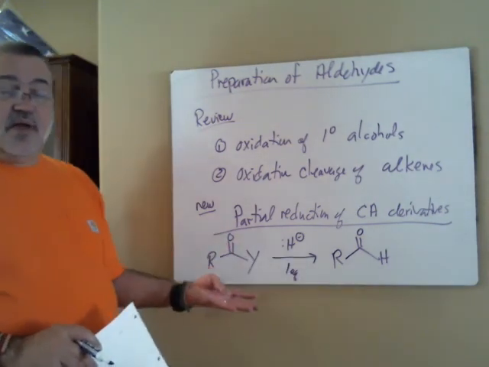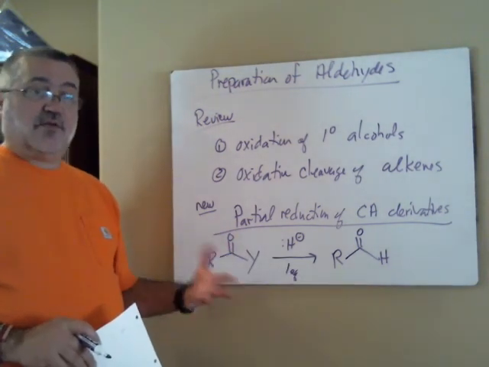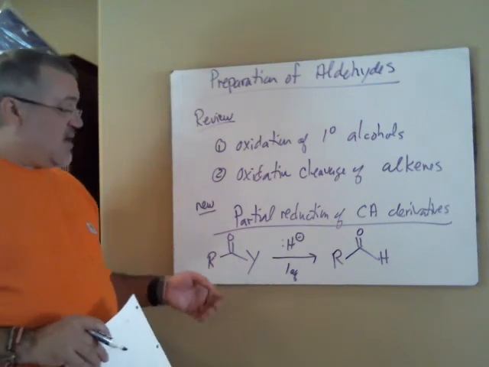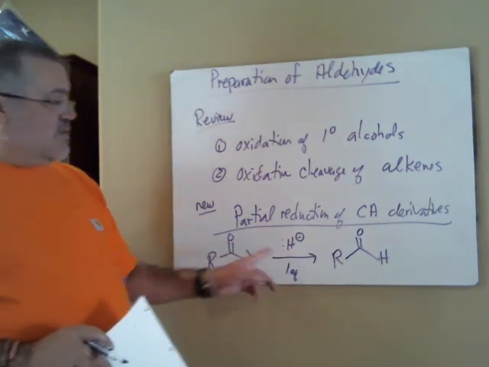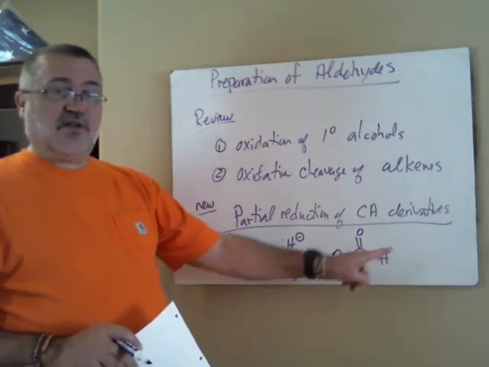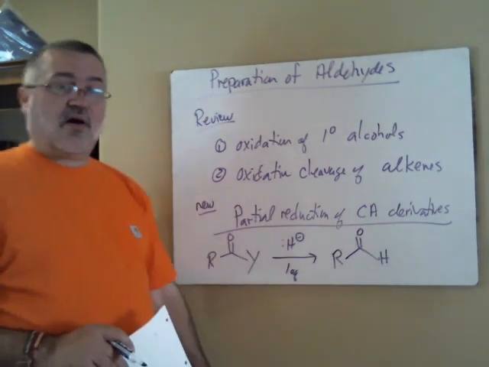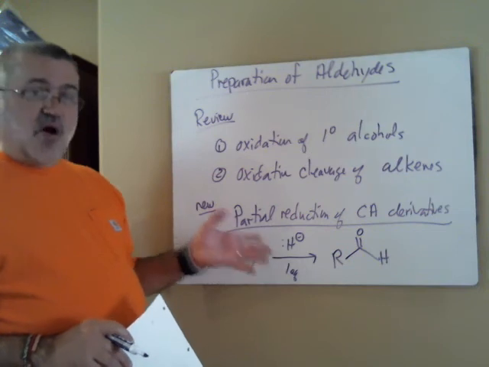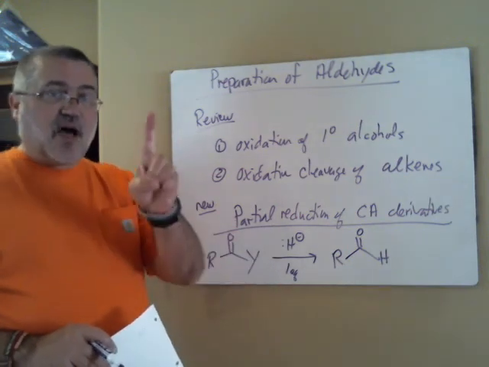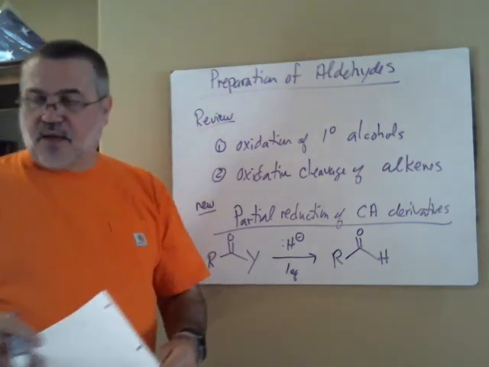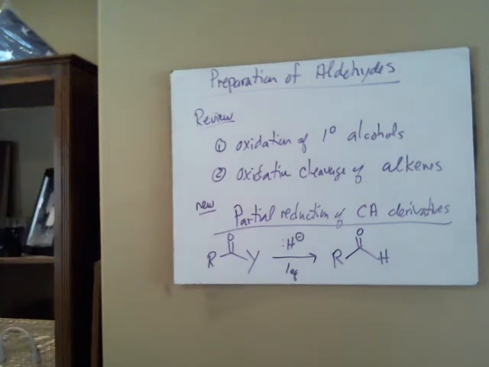Because remember, in practice, if you use the reducing agents we've already talked about, you'd have one equivalent of H do the substitution, and then you have the second hydride come in, and you'd end up with the alcohol. So what we're asking is, can you partially reduce that? Stop after one equivalent. Okay? Is that possible? And yes, it is.